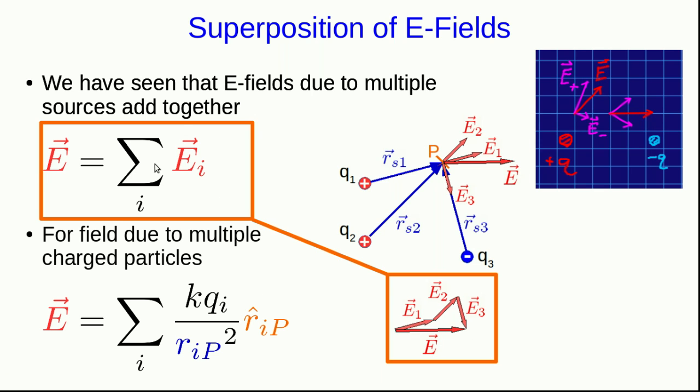This is general. It applies no matter what sort of source each of the sources are. But if they are all charged particles, then we can substitute in the expression we got previously for the E-field due to a charged particle.